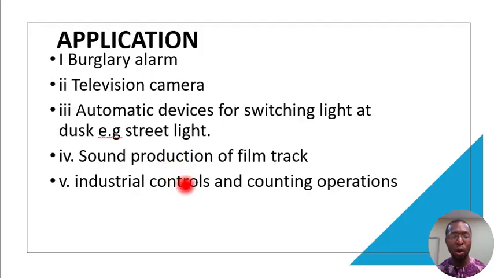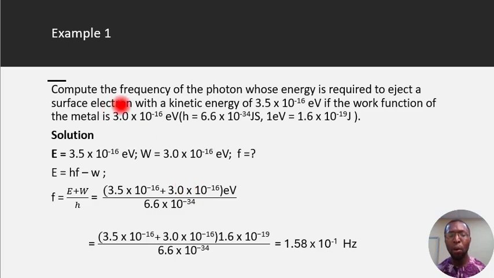Okay, so having known that, let us see some calculations based on the formulas we talked about earlier. Example 1 says, compute the frequency of the photon. Photon means light, we said earlier, whose energy is required to eject a surface electron with a kinetic energy of 3.5 × 10^-16 electron volt, if the work function of the metal is 3.0 × 10^-16 electron volt.